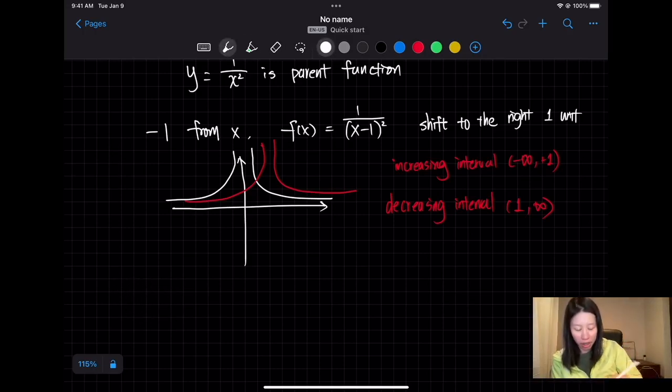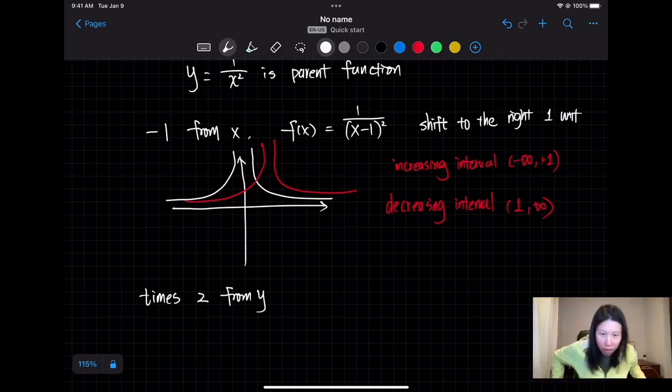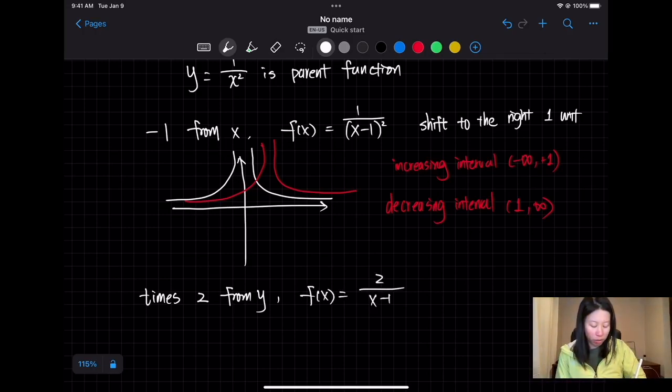Just multiply by -2. Okay, now I'm going to separate them. You times 2 from y, right? Not from x. Because your function is looking like 2 over x minus 1 squared.